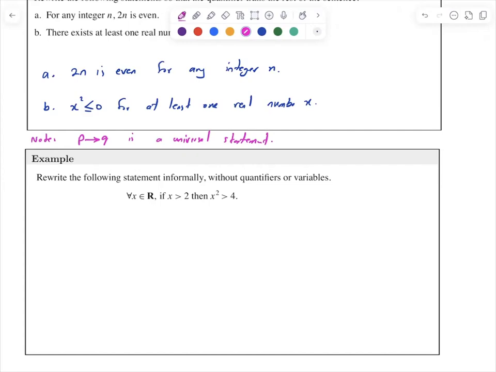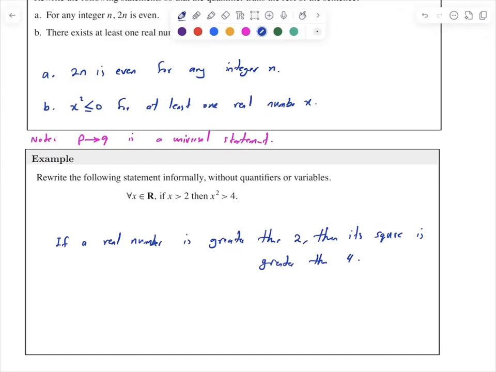Very well. So we can write it this way. We can say that if a real number x is greater than 2, then basically its square is greater than 4.